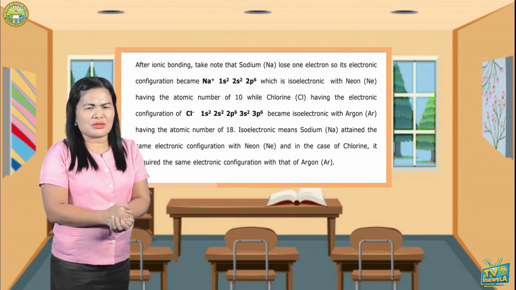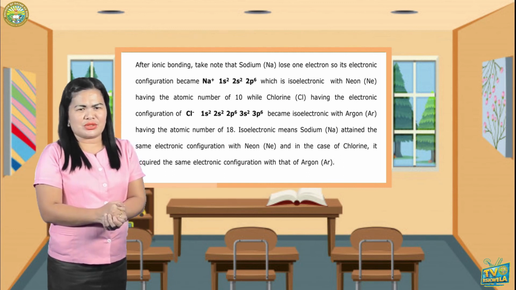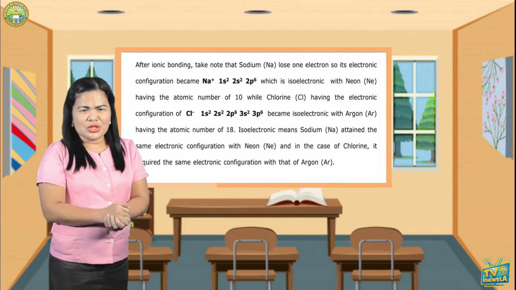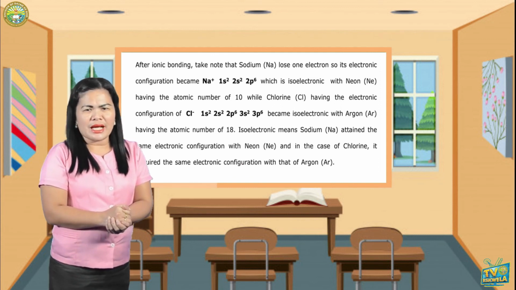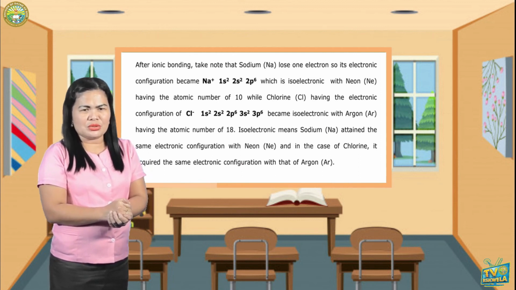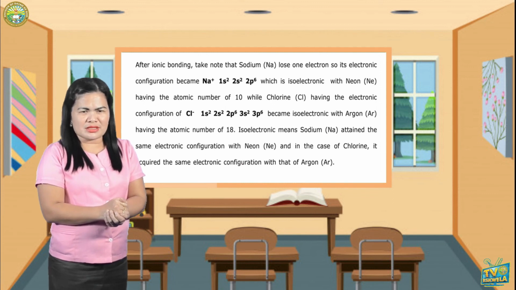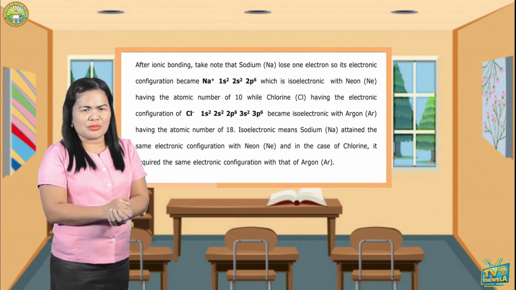So, its electronic configuration became sodium positive 1s2, 2s2, 2p6, which is isoelectronic with neon, having the atomic number of 10, while chlorine negative, with the electronic configuration 1s2, 2s2, 2p6, 3s2, 3p6, became isoelectronic with argon, having the atomic number of 18.